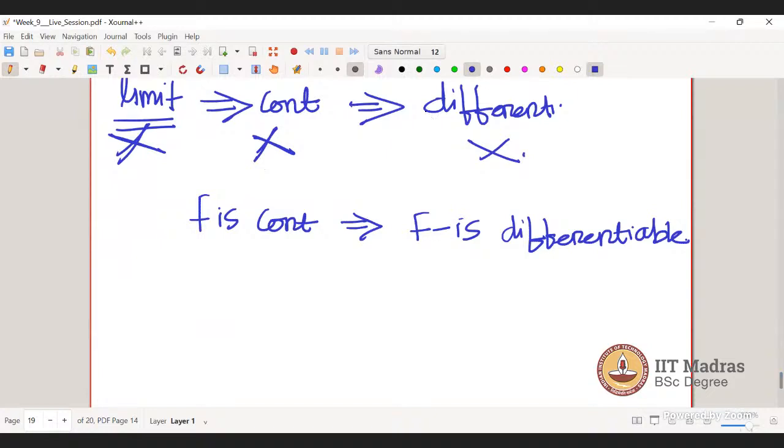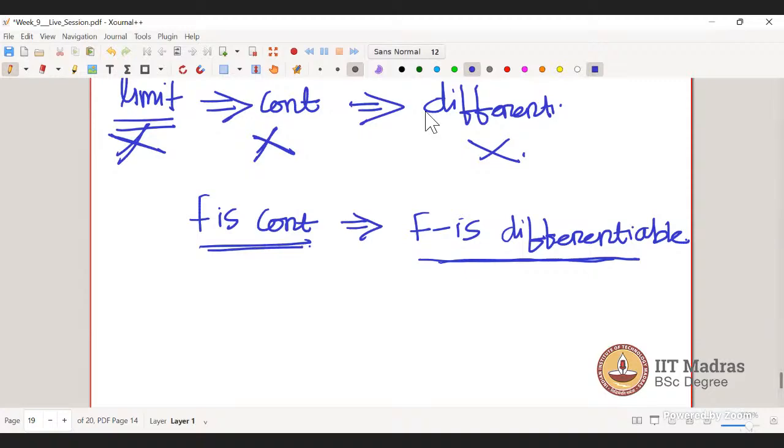For differentiability, you need continuity. So first you check continuity, then you can go to differentiability, or you can certainly check it directly. But if f is differentiable, then blindly you can say that it's continuous.